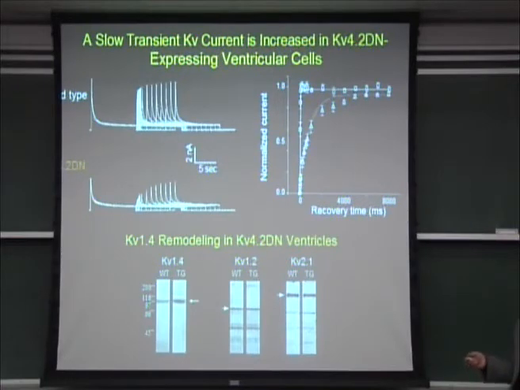So these are Western blots of ventricular membrane proteins from wild-type and transgenic animals. And just focus your attention here, there is an upregulation in these animals of the KB1.4 protein. A kind of dirty Western blot.